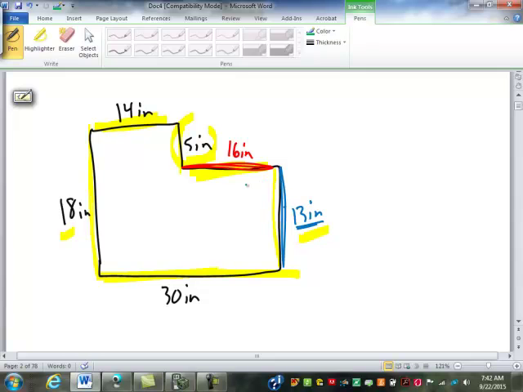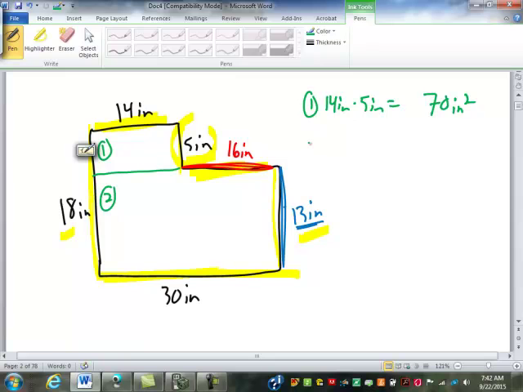No, we didn't necessarily need the 16, but it's good practice. Cut it like this. We could have done that, or we could have done it this way too. It doesn't matter. So I'm going to call this piece 1. What size is piece 1? 14 by 5, or 5 by 14, which is 70 square inches.